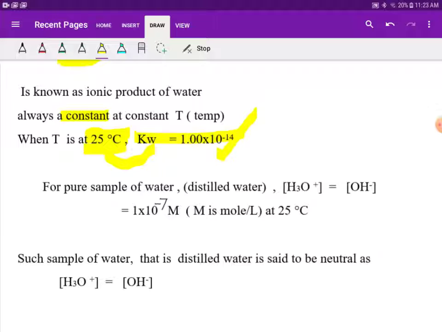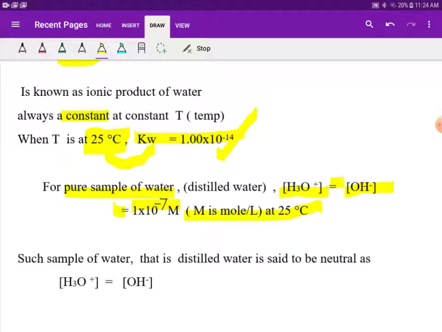If you consider a pure sample of water, that is distilled water, the peculiarity is that the concentration of the hydronium ion is equal to the concentration of hydroxyl ion. That was found to be equal to 1 times 10 raised to minus 7 moles per liter each at 25 degrees Celsius.